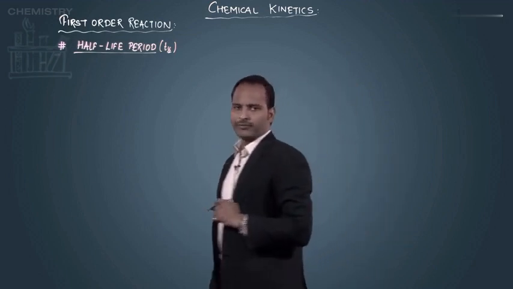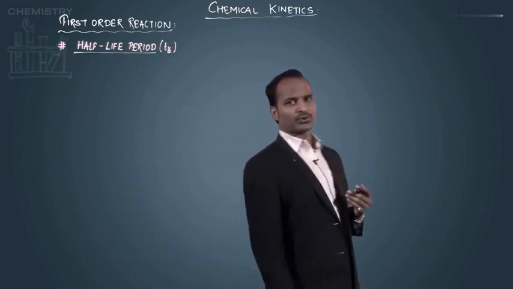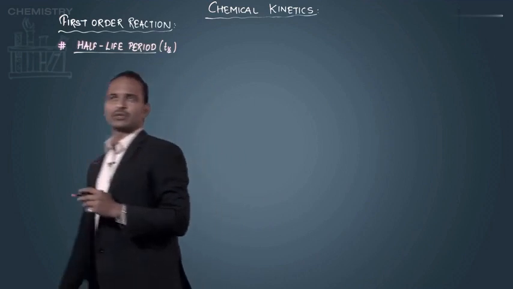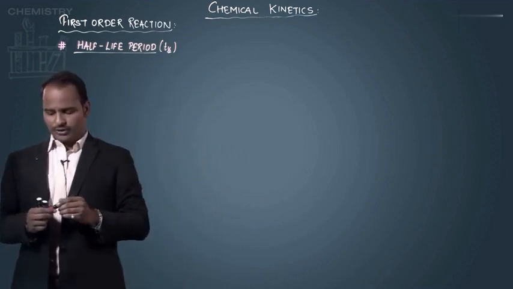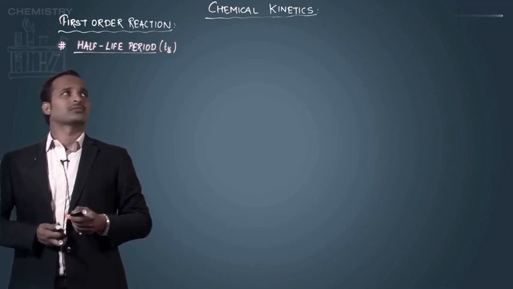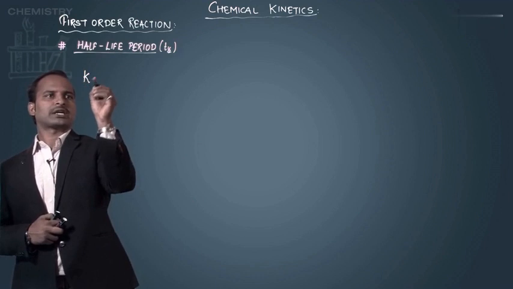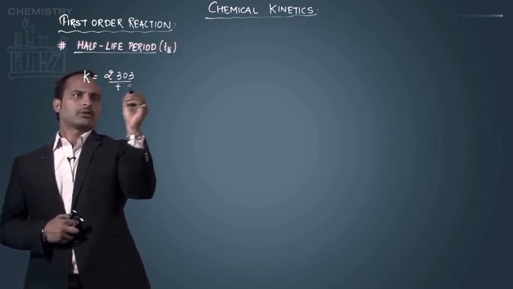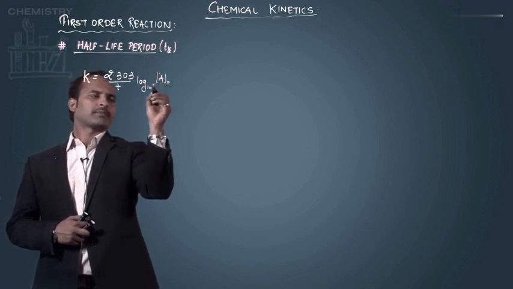Again, the half-life period means the time required for the reactant concentration to reduce to half of its initial amount. For the first order reaction, we have a formula for k. That formula is k is equal to 2.303 upon t log to the base 10 A naught upon AT.